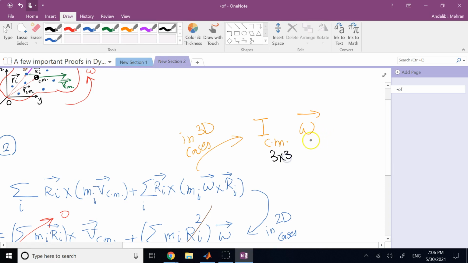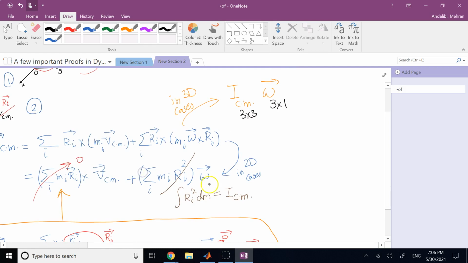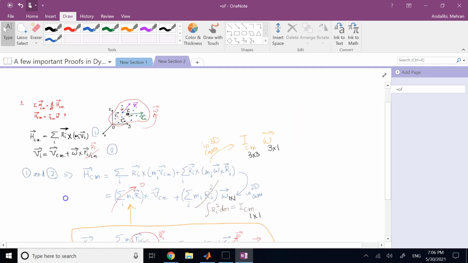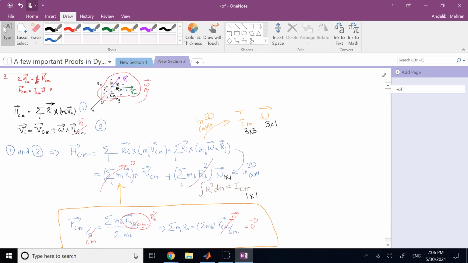This guy is a 3 by 3, this guy is a 3 by 1. In 2D cases, they are both what? This is simply a 1 by 1, and this is a 1 by 1. So you can even remove it and write it as simply magnitude omega and magnitude h, because if everything is happening in the xy plane, these h and omega are about the z-axis. Okay, but you clearly see where you can prove this.